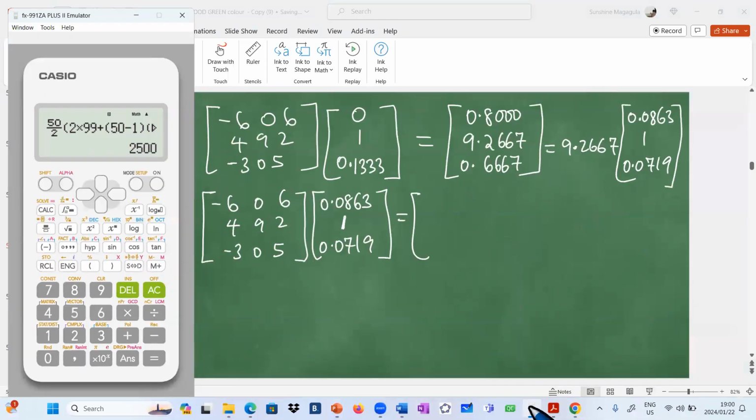Right, so using a calculator we would have minus 6 by this. So it's minus 6 by 0.0863. 0 by this is 0 plus 6 times 0.0719.